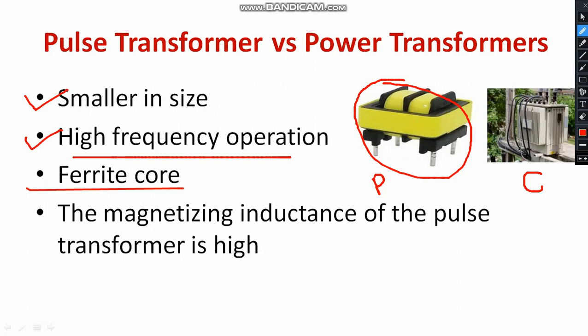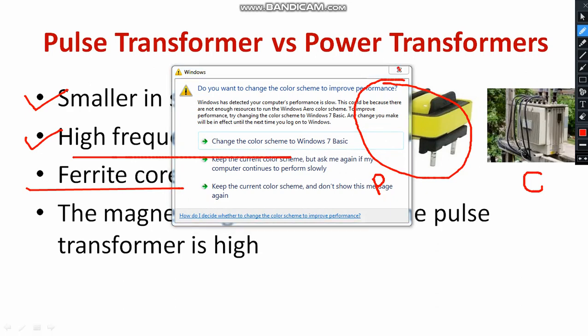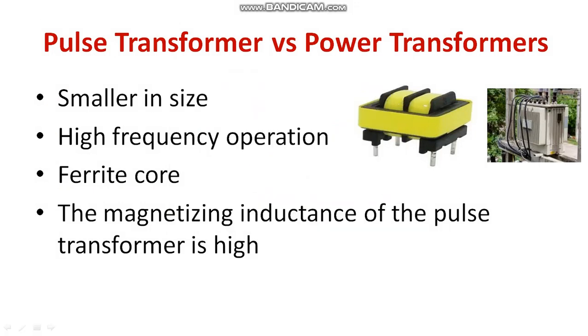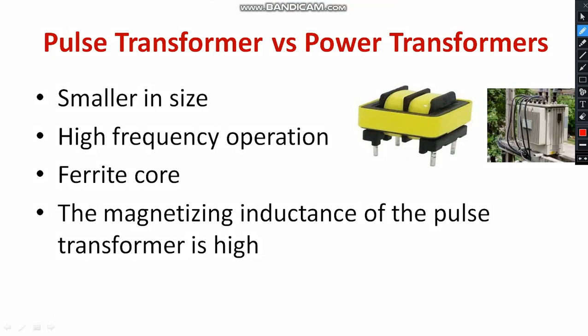If I talk about the core material, in the pulse transformer a ferrite core is used. That's a specialty. You have to remember ferrite core. But in a conventional transformer, the core is made up of silicon steel. That's a difference.